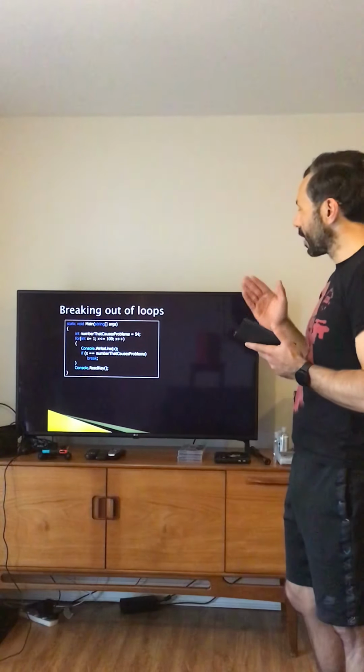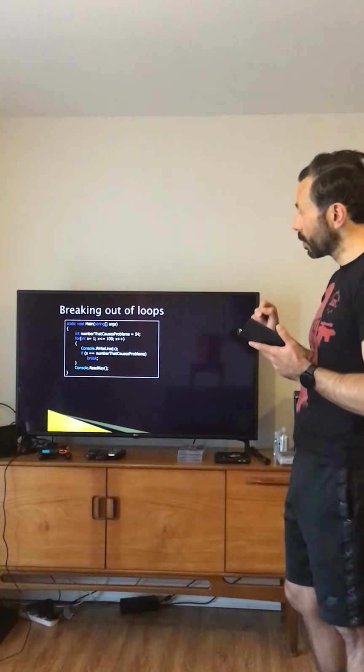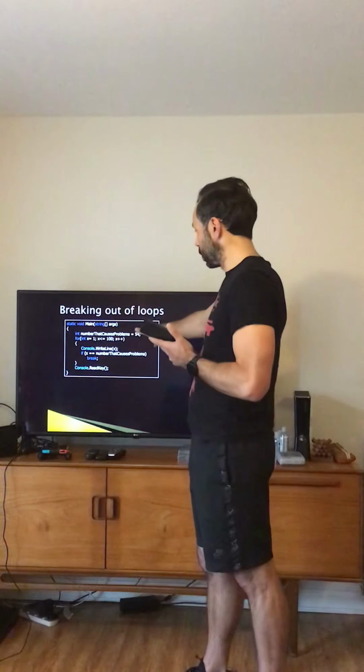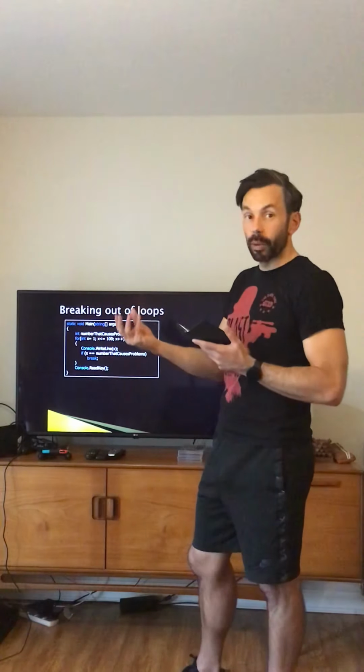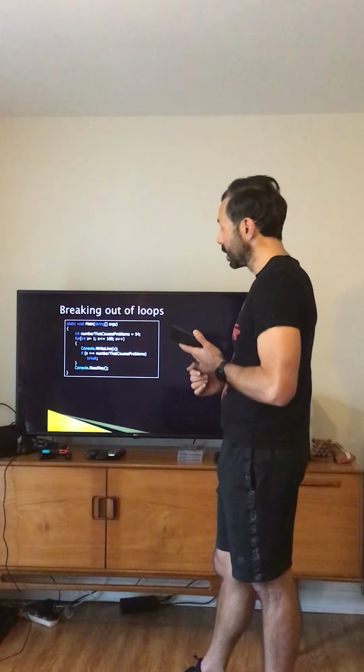So remember that there are ways to break out of loops as well. Have a look at this. Breaking out of loops, the number that causes a problem is going to be 54. We've assigned that to 54 at this point.